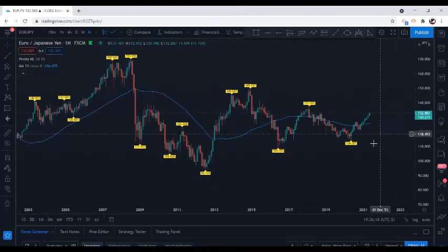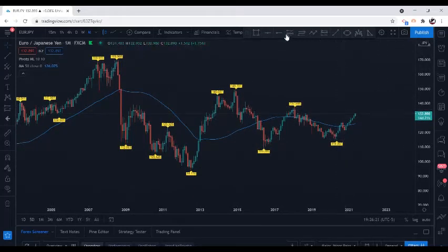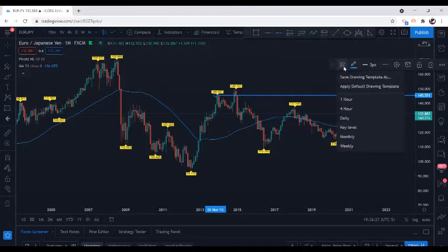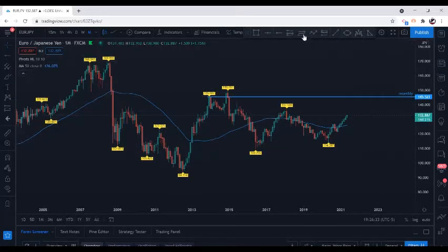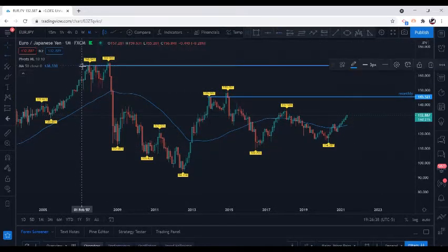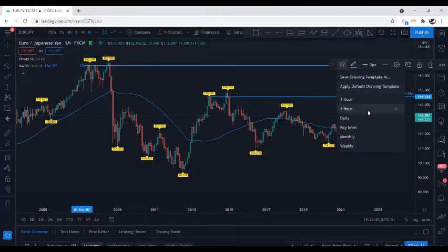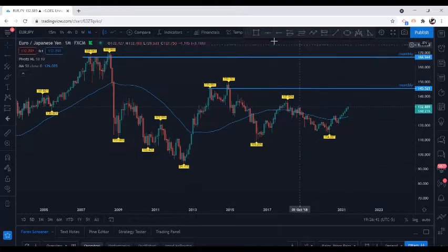So right here on the monthly chart for EJ, that's the chart name for Euro JPY, we can see that we have quite a few levels that price reacted to significantly in the past.